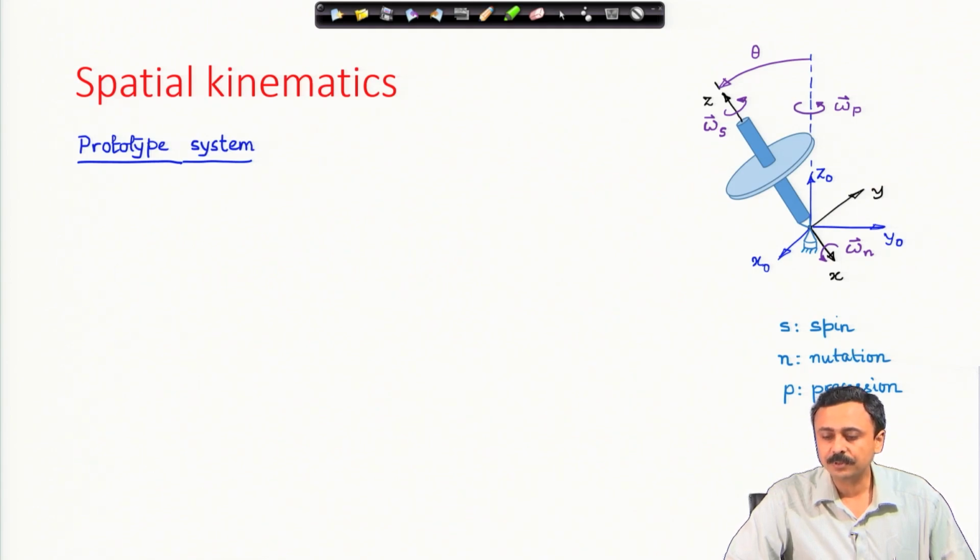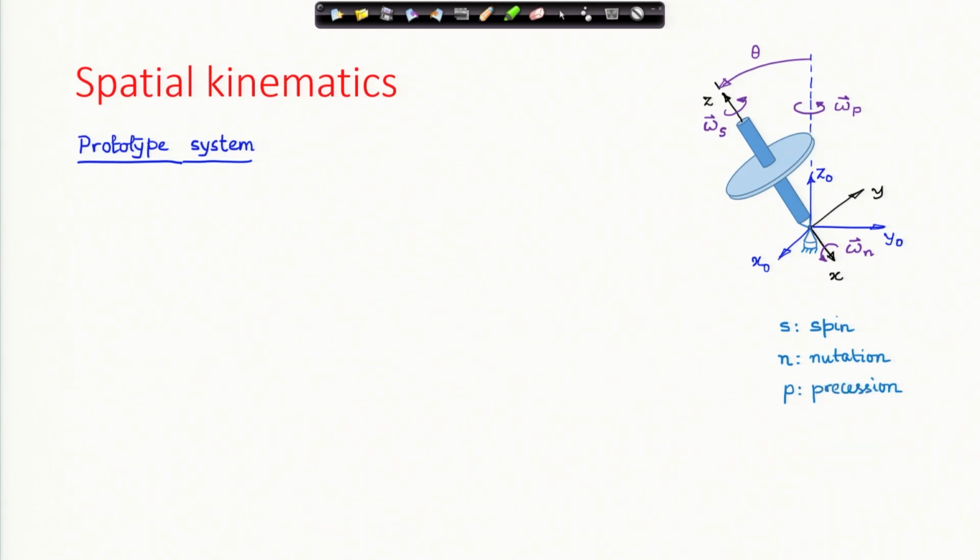We had set up the coordinate system x y z, and x naught, y naught, z naught is the inertial coordinate system which is fixed. The body is rotating about the origin of this x naught, y naught, z naught frame. It has got a spin angular velocity omega s about its axis of symmetry.